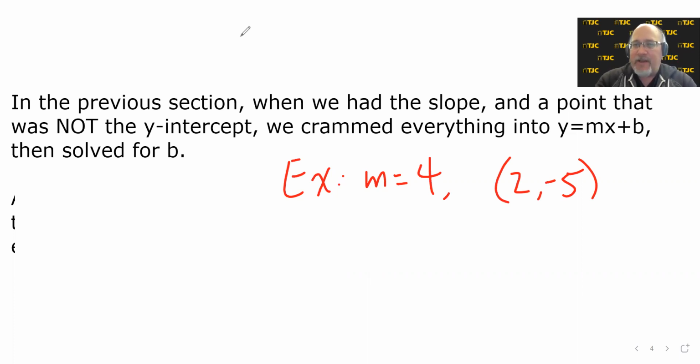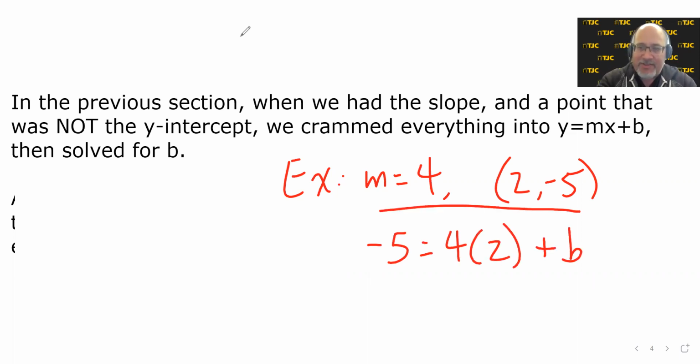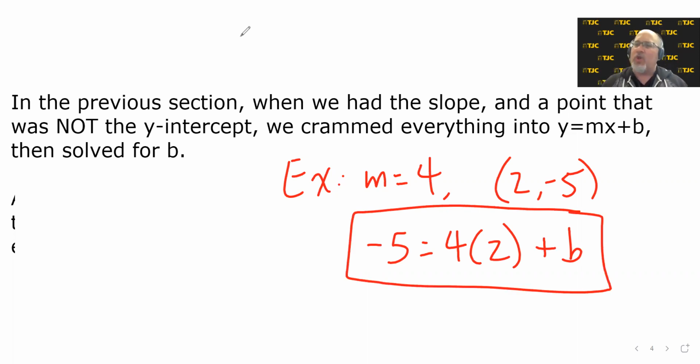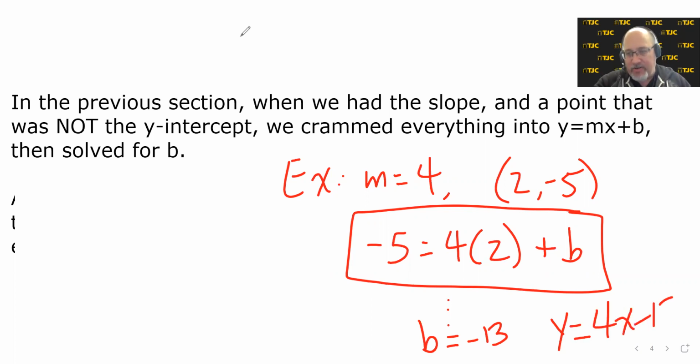Then when we put all these values into slope-intercept form, -5 equals 4 times 2 plus b. This isn't the equation of the line in slope-intercept form. This is an equation that we can solve to get b, and you get b equals -13. And then once you've got b, you can say that the slope-intercept form is y equals 4x minus 13.